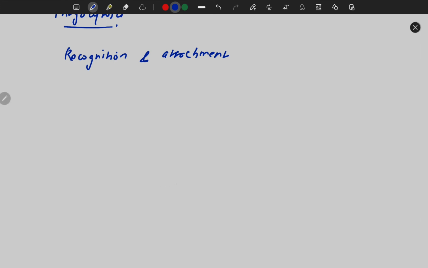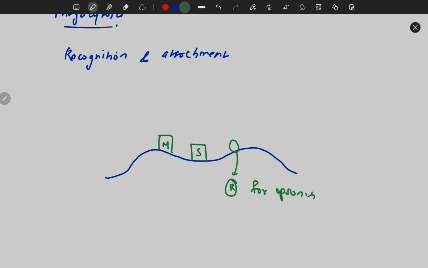So we have the mannose receptor, then we have the scavenger receptor, and we have receptors for opsonins.